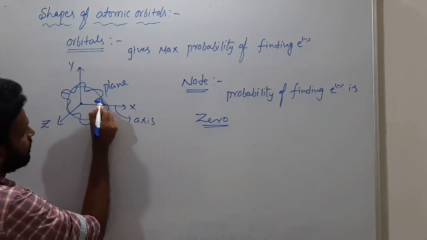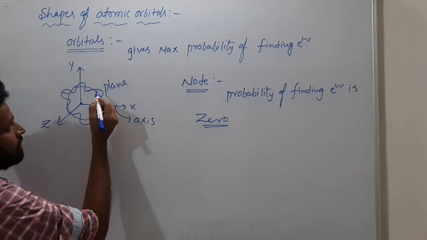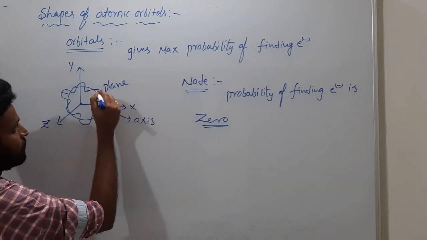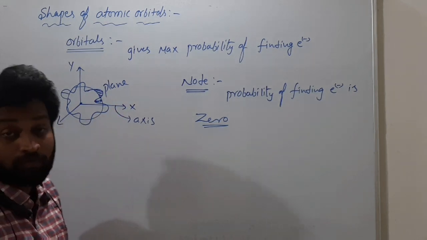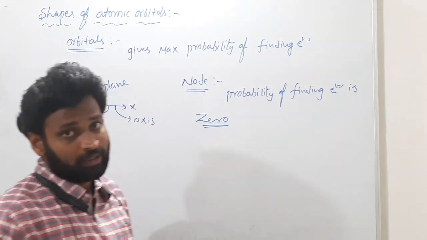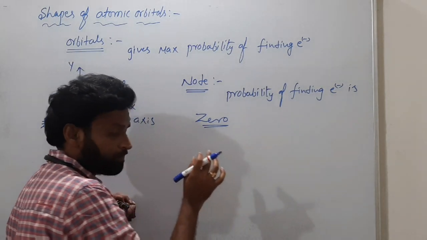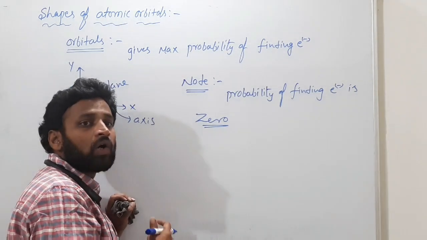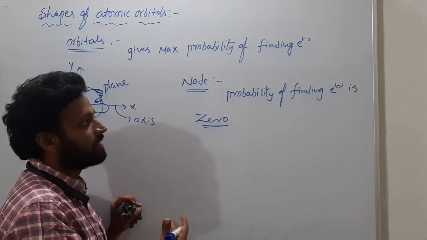Suppose at this particular point there is no probability: here this space gives a probability of finding the electron, but at this point there is no probability of finding the electron. Please remember all these things. So what is a node? The space, point or plane at which the probability of finding an electron is 0.